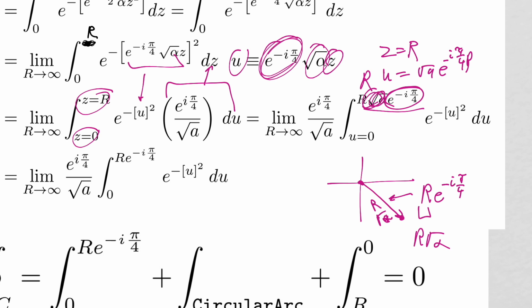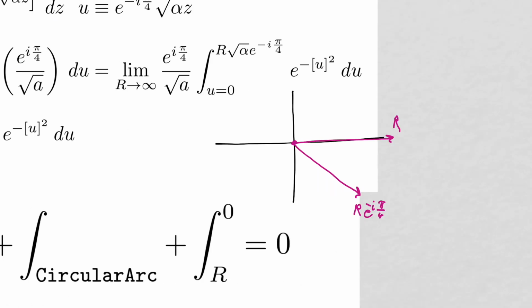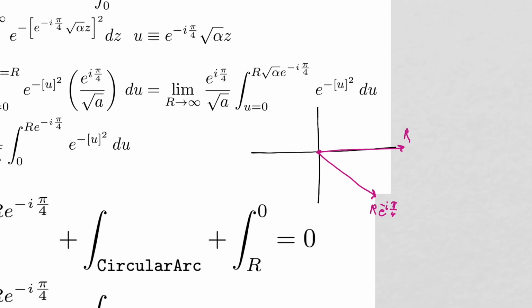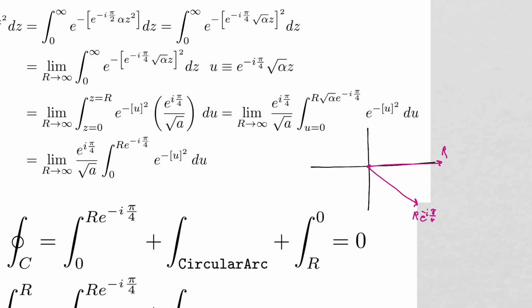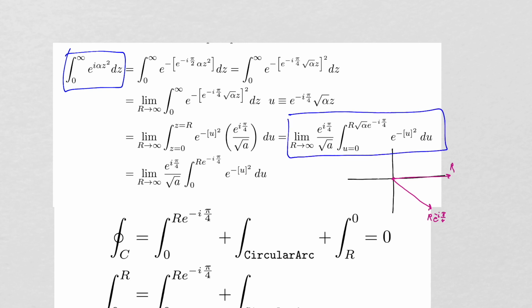So my new contour in the complex plane looks like this, right? The old contour was like that. The old contour is from 0 to infinity. The new contour is from 0 to this point in the fourth quadrant of the complex plane. So now the point is that the original integral I was interested in terms of z, going from 0 to infinity, is now equal to this integral here in terms of u.